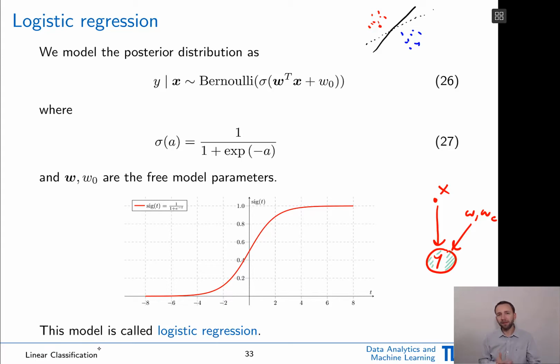And specifically, why is this more flexible? Because in the generative models, we had to assume specific structure, for example, about the covariance matrix. In LDA, we had a shared covariance matrix. Here, we don't assume anything about this covariance structure, about the data generation process, because we don't care about the data generation process. We just care really about the classification rule. So we do not have to make this assumption, and then potentially the final decision boundary we find might be better because the data might not follow what we have assumed in the LDA approach.